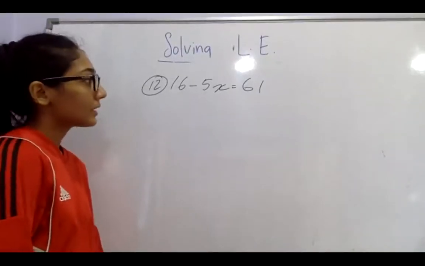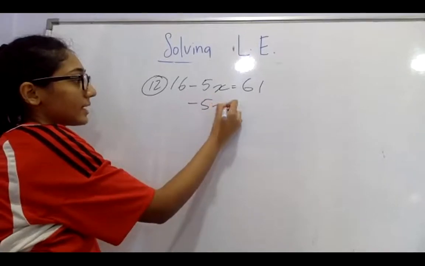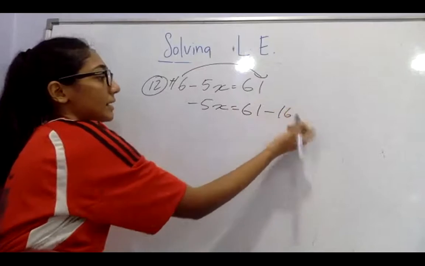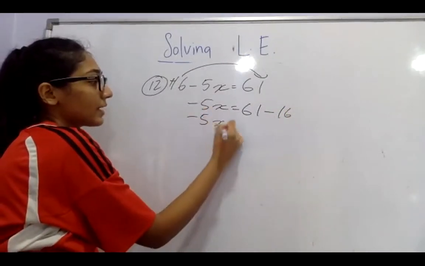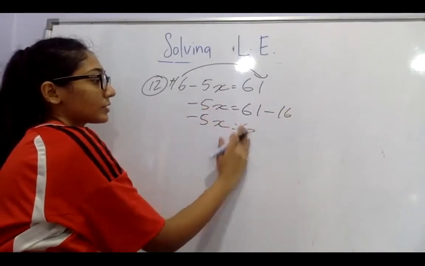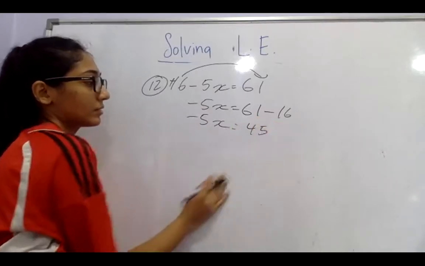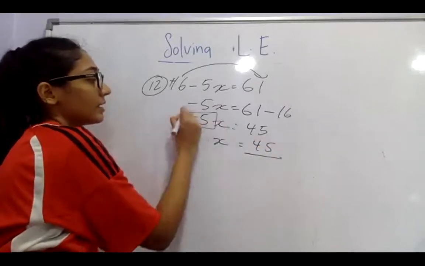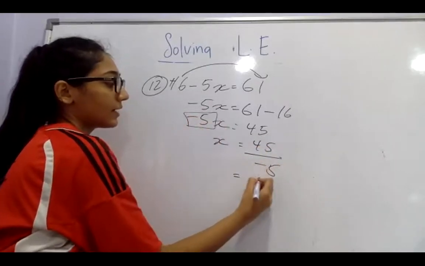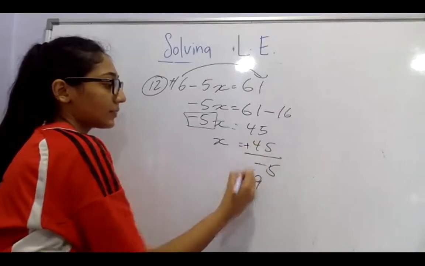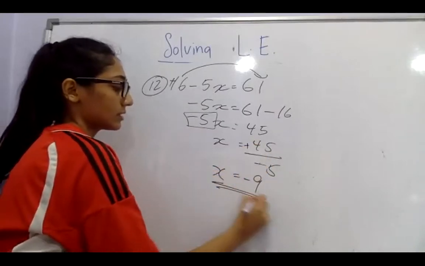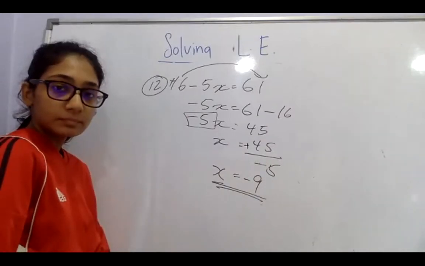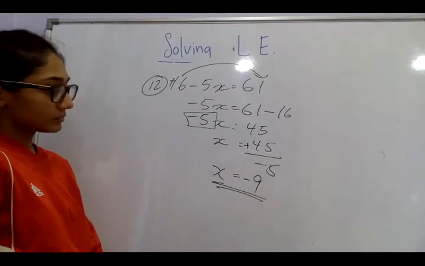So again, minus 5x, I leave it here. Positive 16, I bring over, becomes negative 16. Minus 16. So minus 5x equals to 45. And then x equals to 45 divided by negative 5. 45 divided 5, 9. I have a negative and a positive, which gives me a negative. So x equals negative 9.